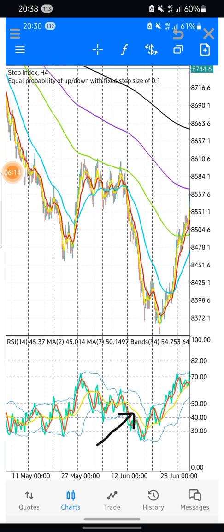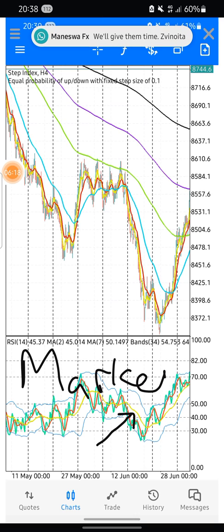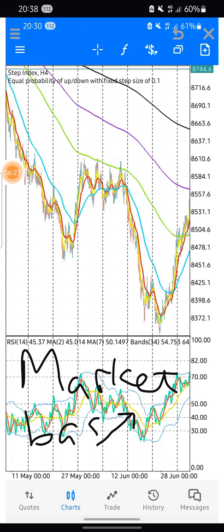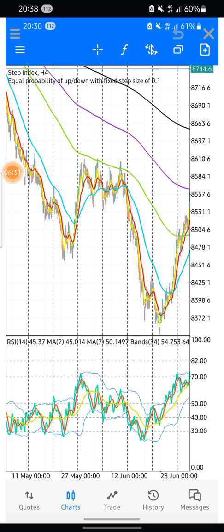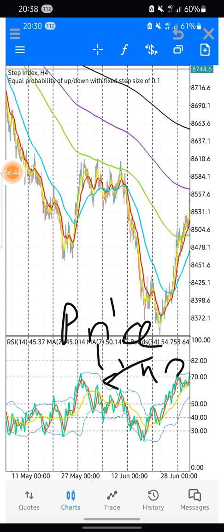This is what we call the market baseline. We move to the green one, this green line. This is what we call the price line.